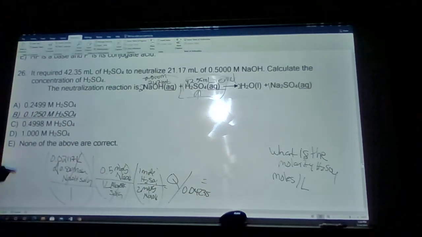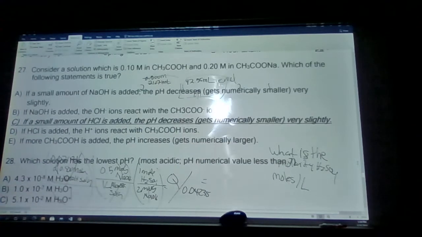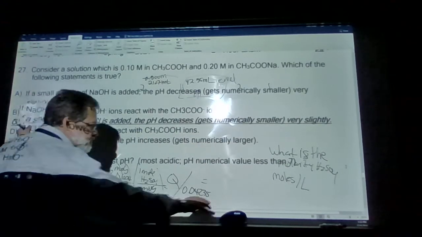The answer turns out to be 0.1250. That was 26. Seven, 28, and that's it. Okay. Let's look at 27.